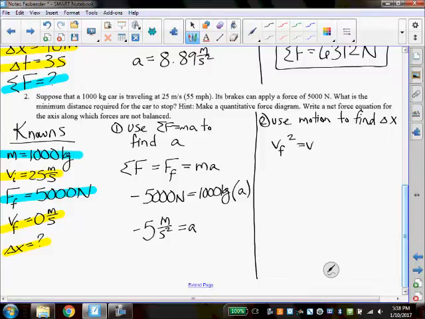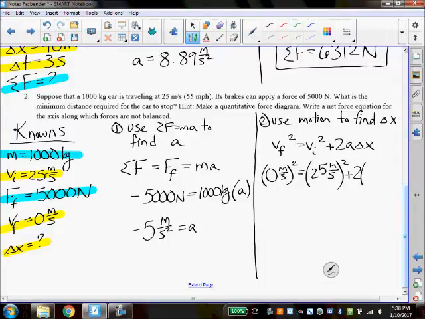And the motion equation that has those quantities in it is VF squared equals VI squared plus 2a delta X. So we'll fill in everything that we know. 0 squared equals 25 meters per second squared plus 2 times negative 5 meters per second squared times delta X. There we go. It's all algebra from here. And when you do all the algebra, you find that the displacement ends up being 62.5 meters.